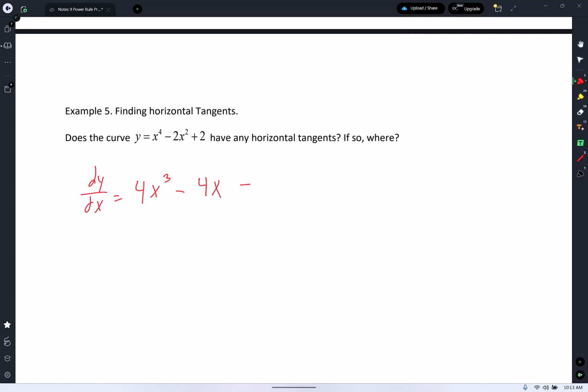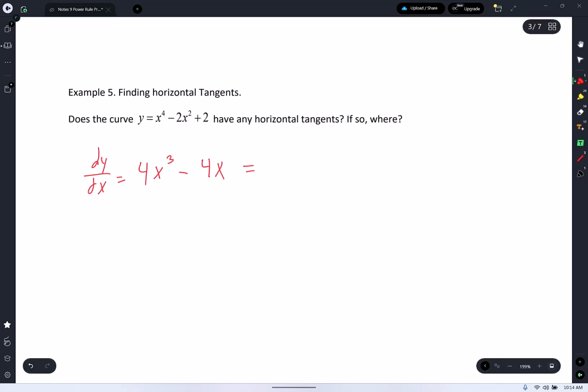And I'm going to set this equal to what? I want horizontal tangents. What's the slope of a horizontal line? I'm going to set that equal to 0. The plus 2 is a constant. What's the derivative of a constant? Okay. Are we okay so far, guys?